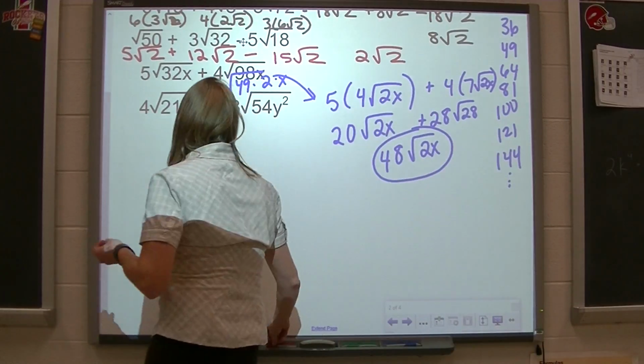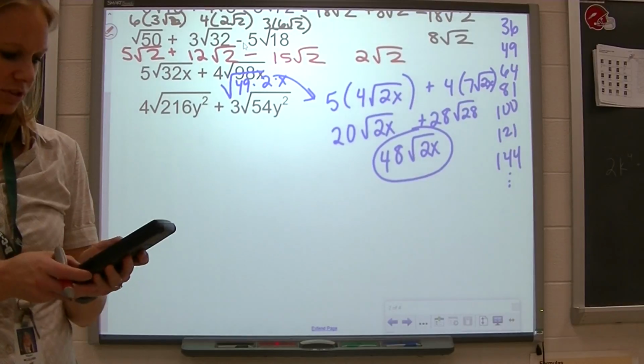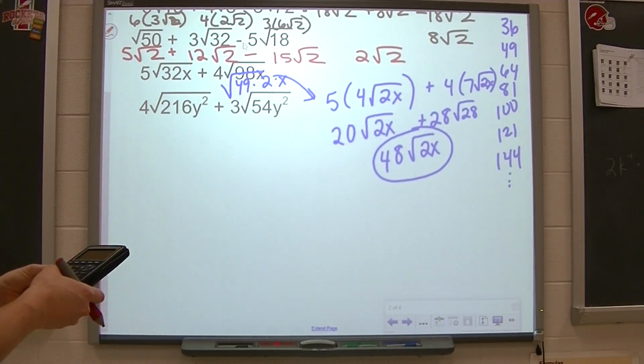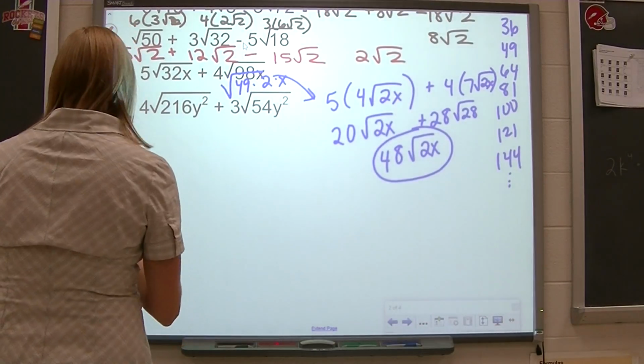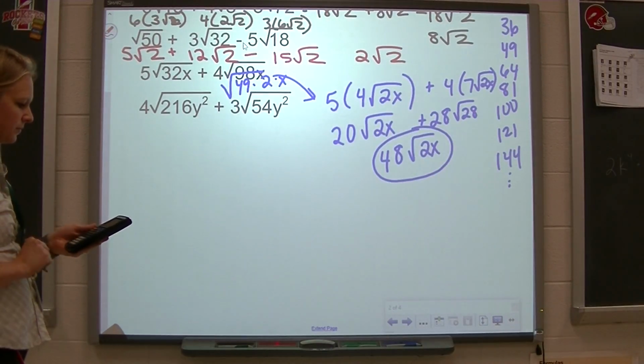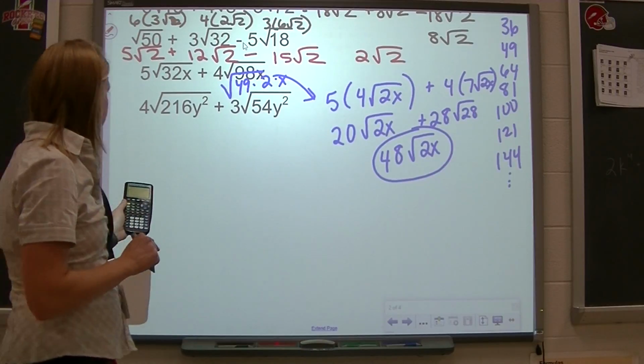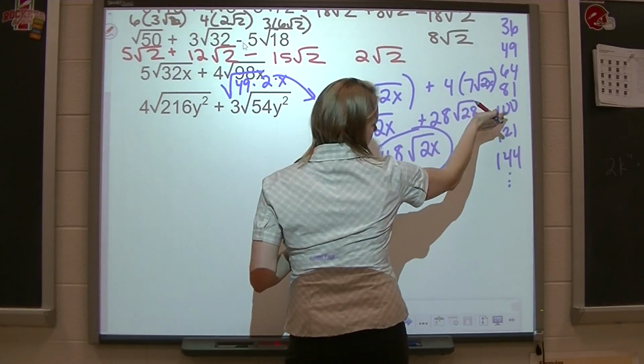And then here, we can't take the square root of 216, at least I don't think so. Yep, it doesn't work, so we're going to break 216 down. 216 divided by 2 is 108, so I'm going to test everything below that.